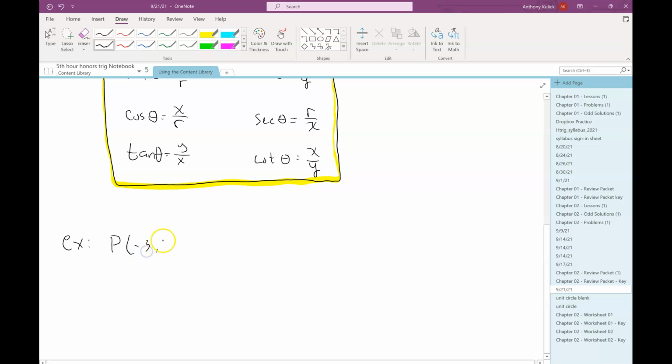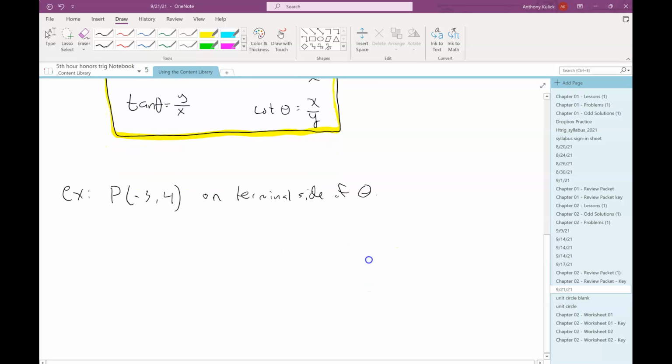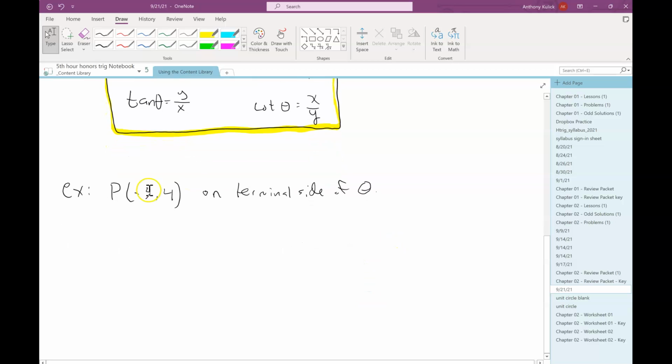Let's say we have the point (-3, 4) on the terminal side of some angle theta, and I want to find the 6 trig ratios for theta. Well, I'm going to draw a picture.